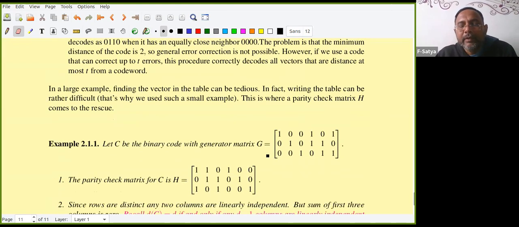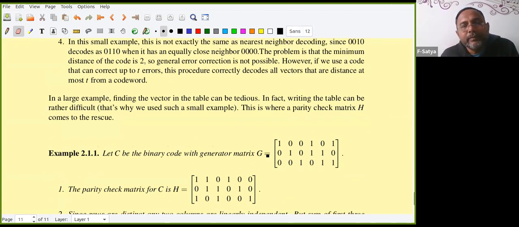Look at this. Now I'm not given the code, but I'm given the generator matrix. Now you know how to find the code, right? Can you tell me how many code words are there? Fast now. How many code words will be there? What is the size of the code? Be fast.